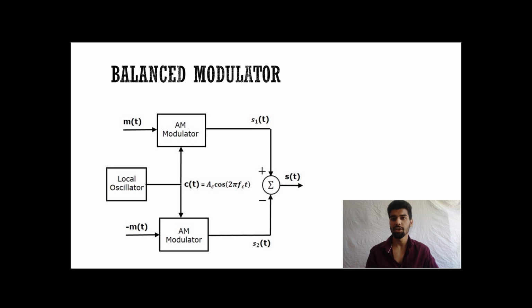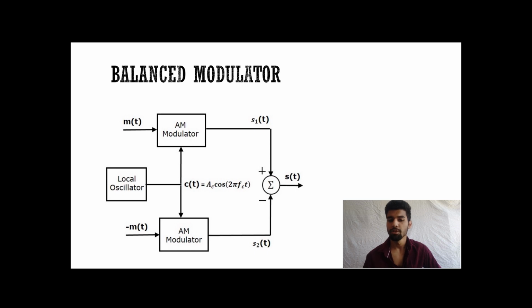Then they will cancel out each other and the output will become 0. So here the output becomes 0, but we have to show that it suppresses the carrier. The output is 0, it means it is suppressing the carrier, whether it is 0 or some other numeral, but it is suppressing the carrier. We have just to show that. So by output 0, it shows that it suppressed the carrier.